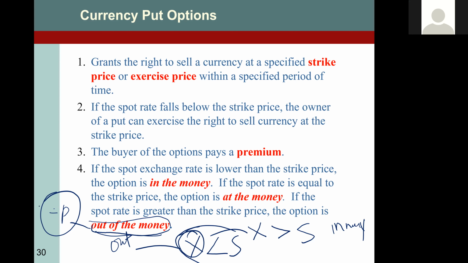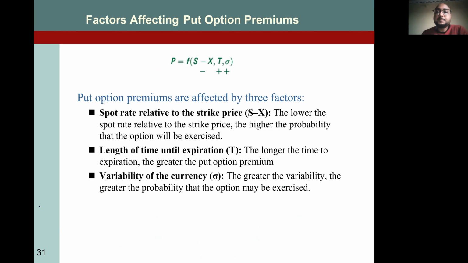Yes, I understand. Okay. Now, factors that affect the put premium. Number one, the greater the difference between strike price and exercise price, the greater the put premium. Higher the time period, because anything can happen during the time, the put premium is higher.